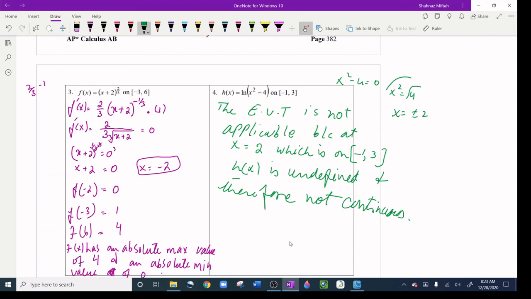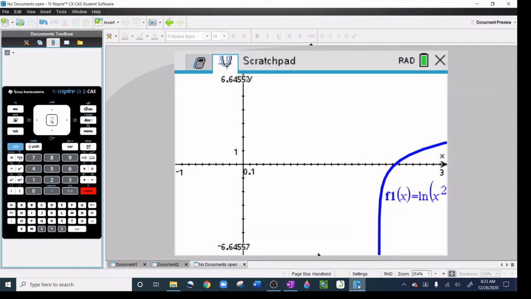Continuous means when my graph, I mean, you already checked on the calculator, it's not continuous between negative 1 and 3.